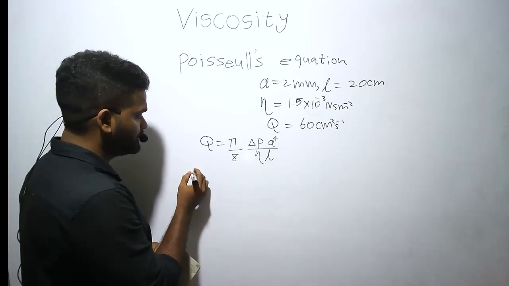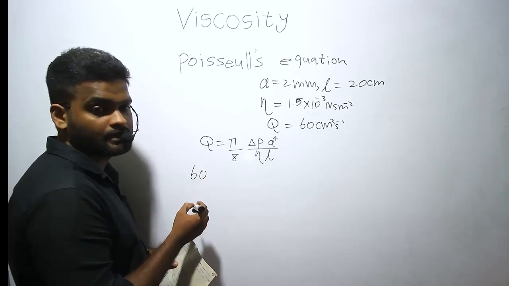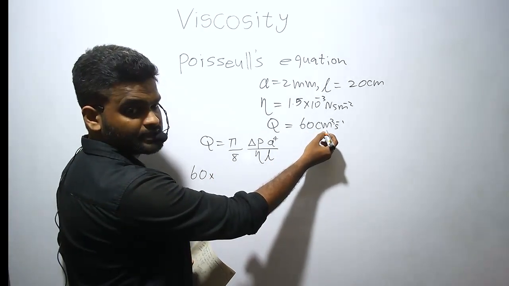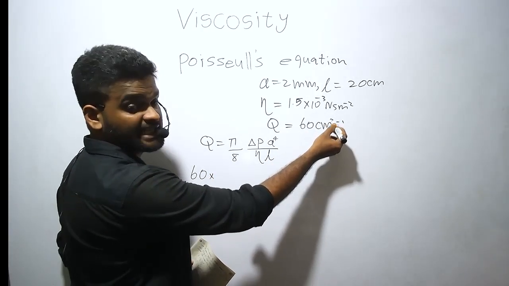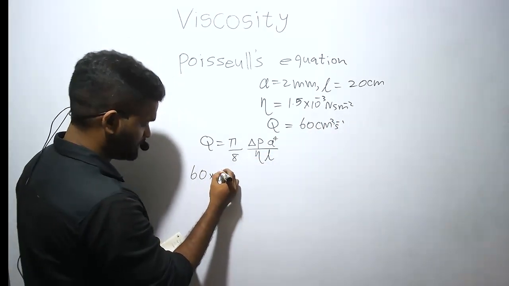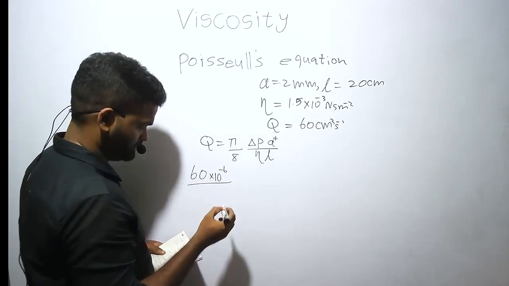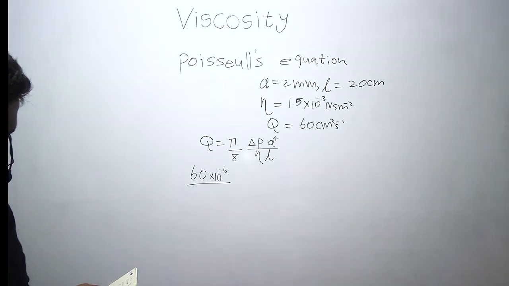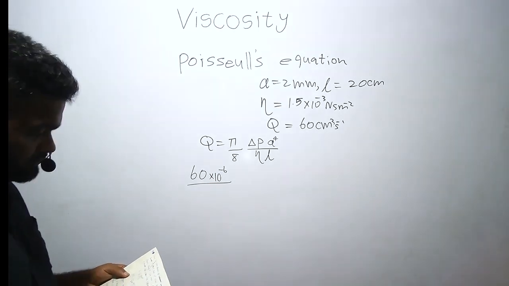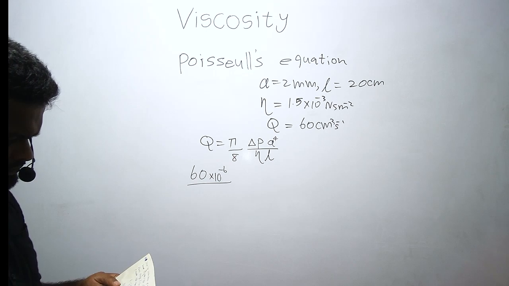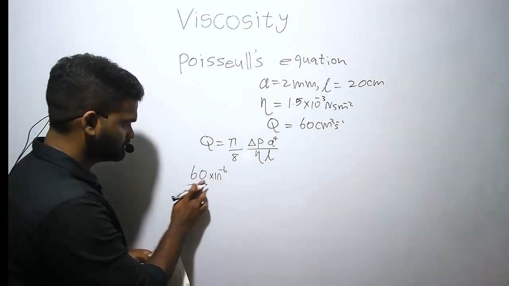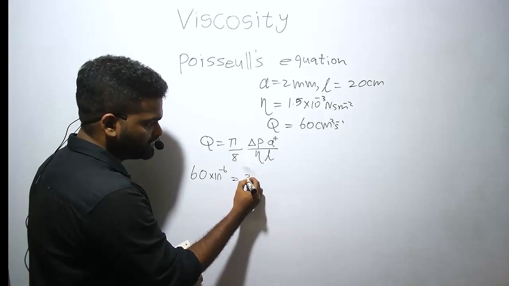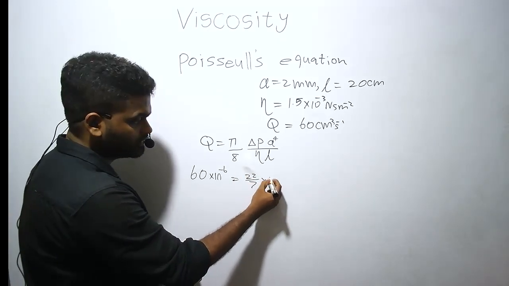So 60 cubic centimeters. You have to make it meters. Centimeter converted into meters is 10 to the power minus 2. It gets cubed, 10 to the power minus 6. Then pi is 22 over 7, 1 over 8.